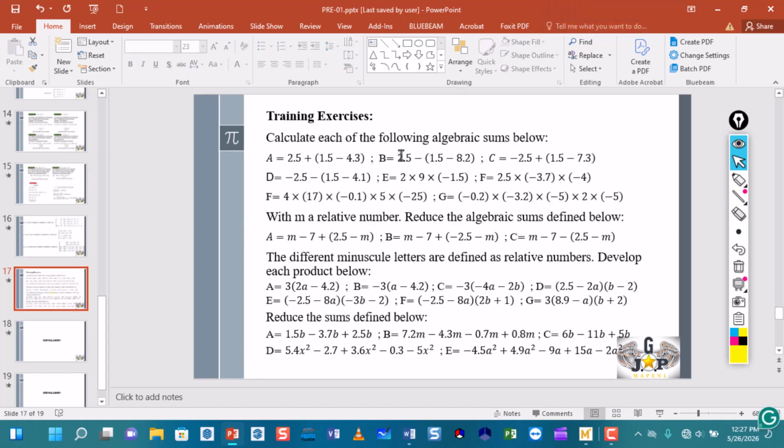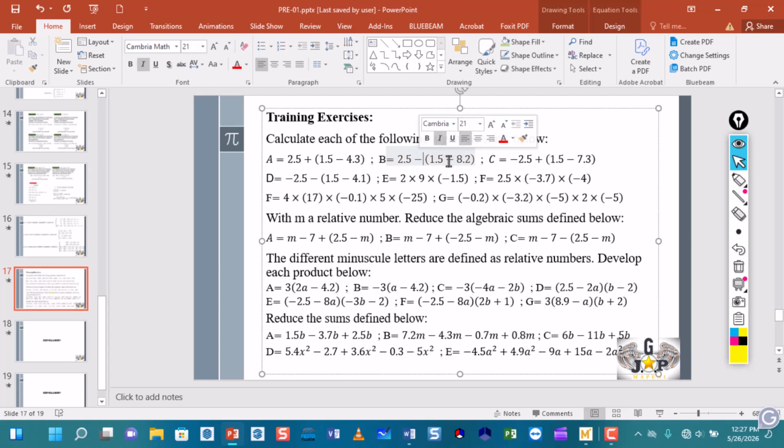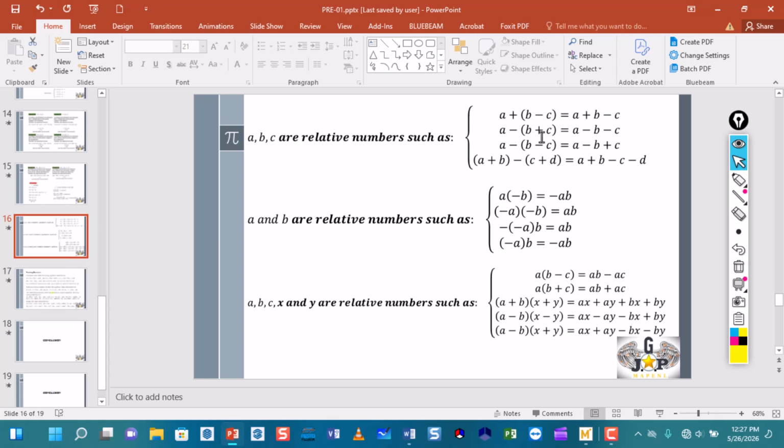We're going to have 2.5 minus, because the first term here is positive, so minus 1.5. Then I will multiply this sign with the parenthesis sign. So minus times minus gives me plus. That's what the expression says here.